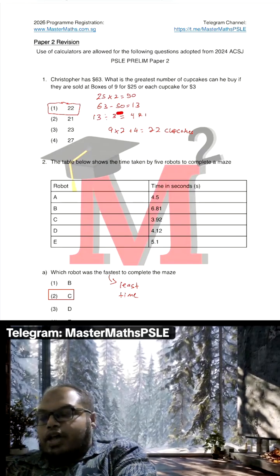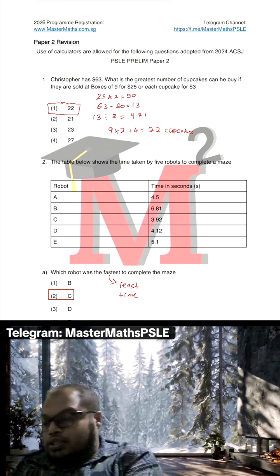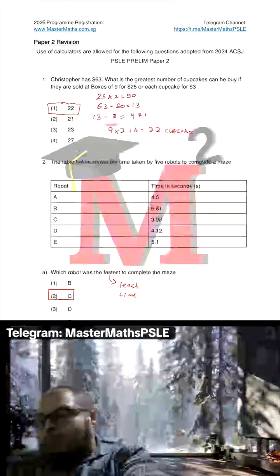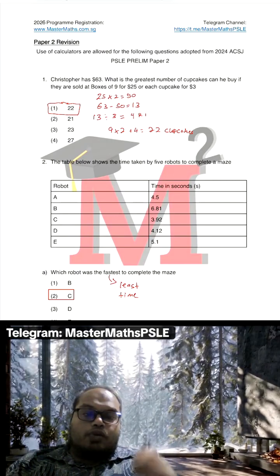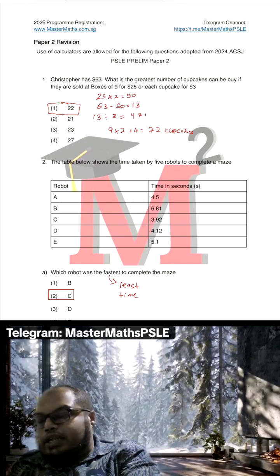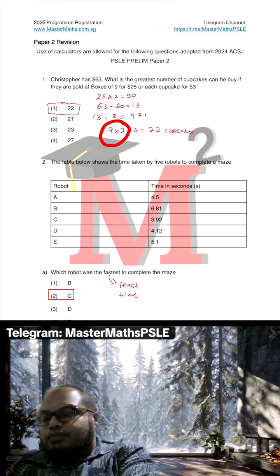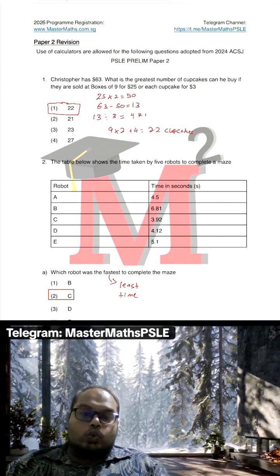So I minus 50, I got 13. Then after that, 1 cupcake is $3. I divide by 3, I got 4 remainder of 1. That means I can only buy 4 cupcakes with the remaining money. And lastly, that's why 2 sets of the 9 cupcakes plus 4 equals to 22.